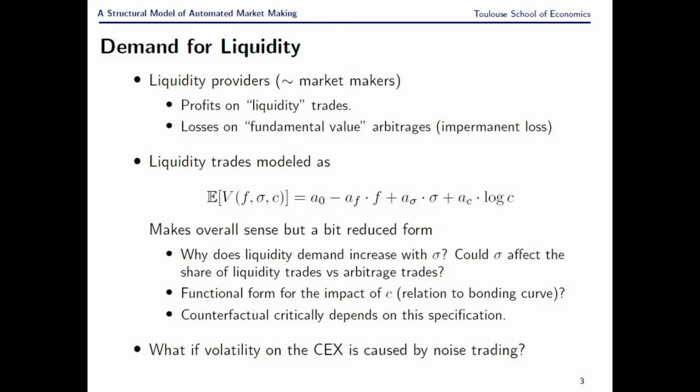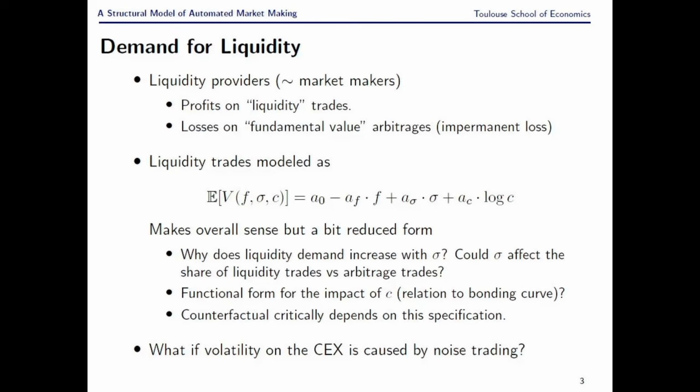But it could also be that when you have more volatility in the value of the asset, you also have more arbitrage trades, right? If the proportion of these two moves together, then I guess it doesn't really matter. But if it changes, then with the impact on the incentive for liquidity providers to be there, that might actually change depending on volatility.